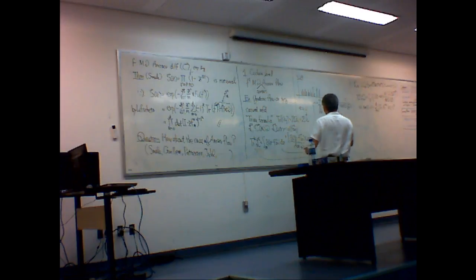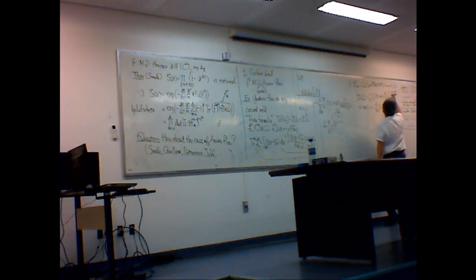And if you compare this, so if you use this, then we take an alternating sum like this, k equals 0 to d.